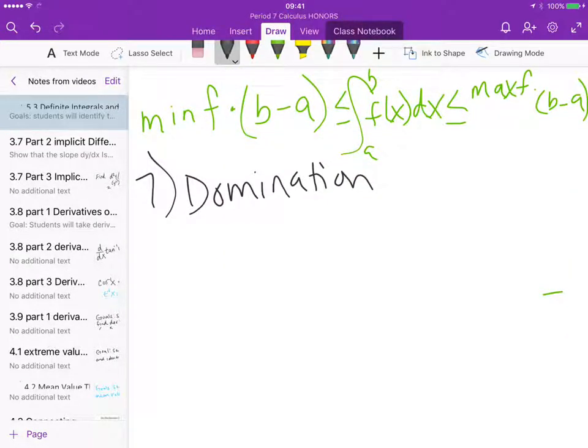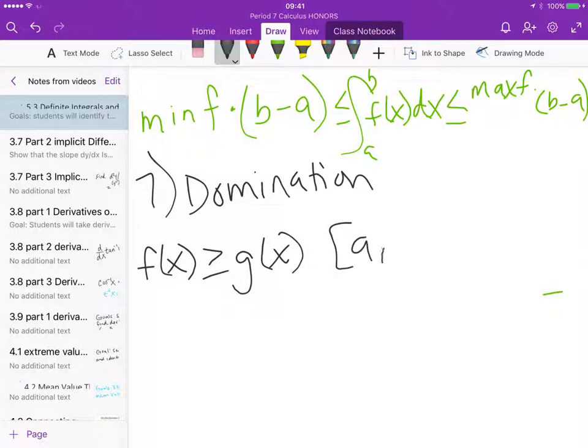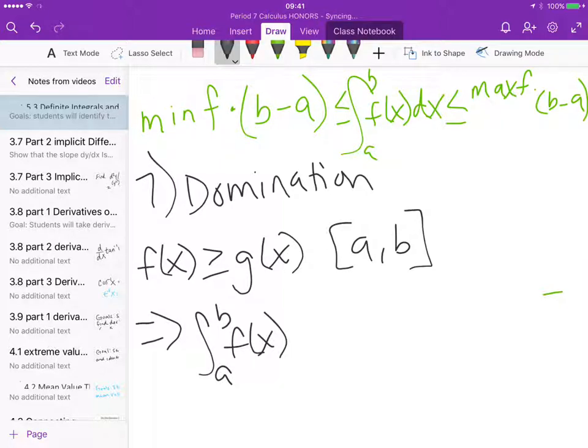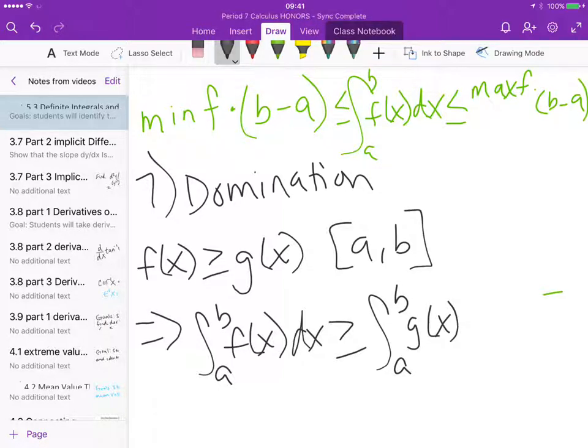So let's say we have two functions, f of x and g of x, in which f of x is greater than or equal to g of x on an interval from a to b. What this implies is that the integral from a to b of f of x, the area under that curve, is greater than the function g of x on that same interval from a to b.